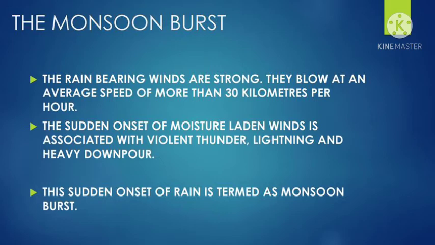The sudden onset of rain is often termed as monsoon burst. The rainfall is heavy, accompanied by thunder and lightning. The rain is so sudden and heavy that it appears as if a balloon of water has burst. The sudden onset of monsoon is called the burst of monsoon or breaking of monsoon.